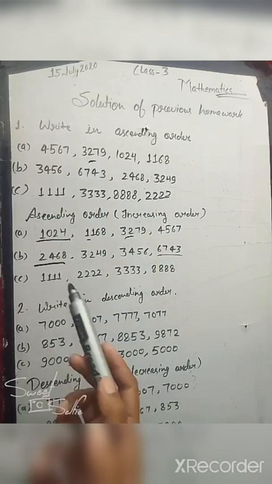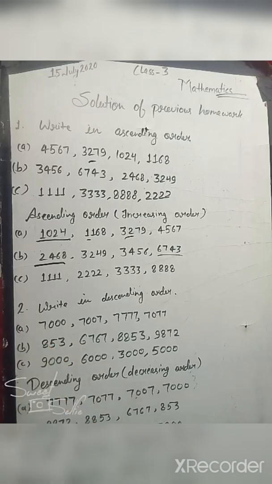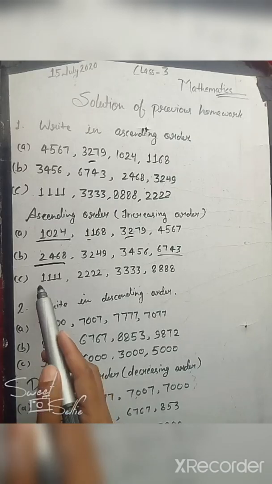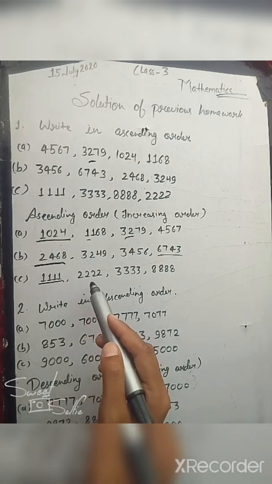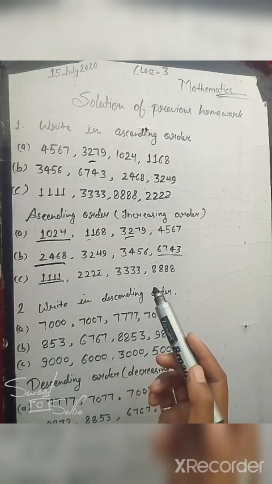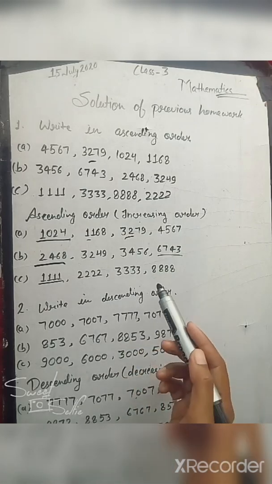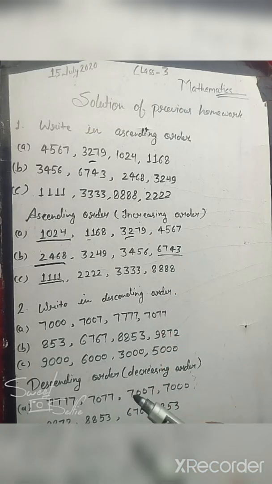So this is ascending order of B. In C, 1111 is smallest. Next smallest is 2222. Next is 3333, and largest number is 8888.